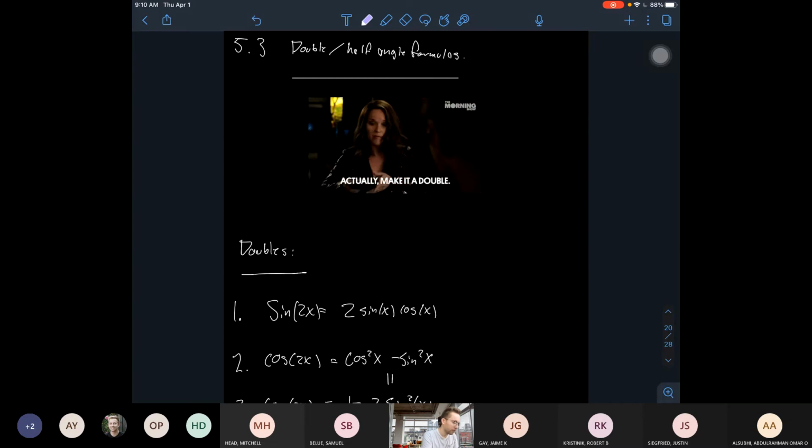If you were going to move on from this class to calculus, and you were only going to pay attention to one section of all of the trig stuff, this would be the section I would pay attention to. Actually, I'd pay attention to all of the sections, but this one especially. The double and half angle formulas are really useful in calculus, and I'll explain why a little bit later.